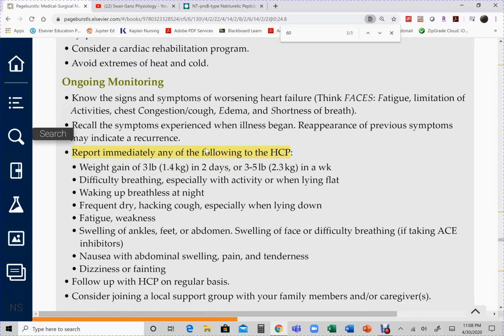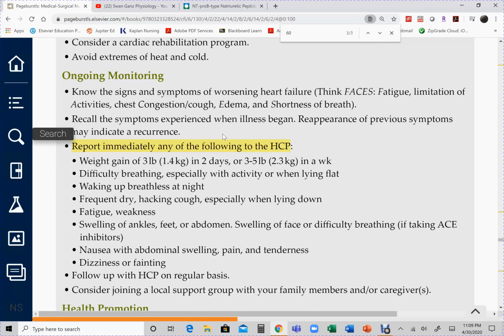Alright, so here are the reportable symptoms, because we can say, report signs of an exacerbation. Well, they need to know what are those signs of acute decompensated heart failure or early signs that they may have one. So here's the list.